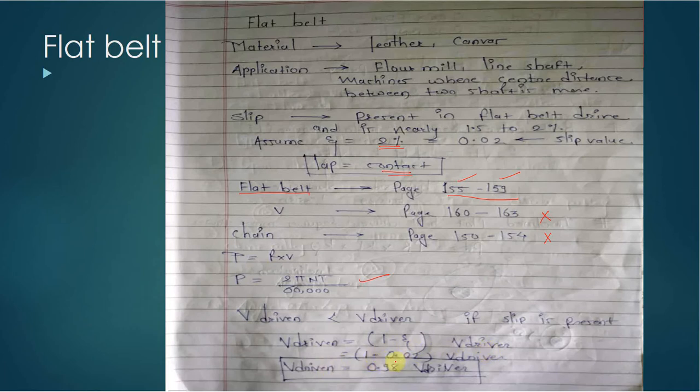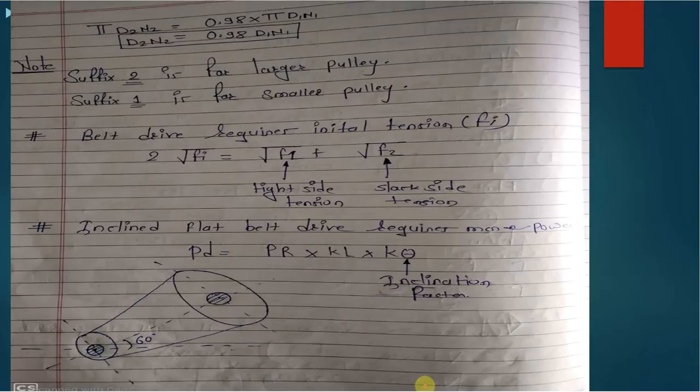So the complete formula is V driven equal to 0.98 multiplied by V driver. Now the complete formula is pi d2 n2 equal to 0.98 multiplied by pi d1 n1. Pi gets cancelled. d2 n2 equal to 0.98 d1 n1.